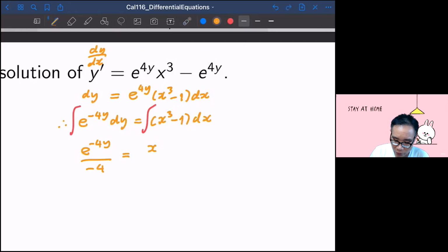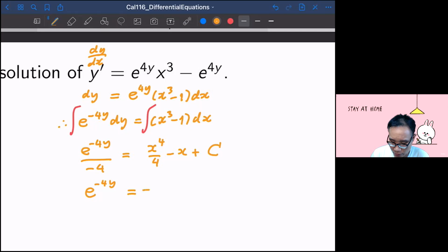So it's going to be x to the 4th over 4 minus x. And don't forget to add plus c, okay? So this one will be just plus 4y plus c. And then you see that you get e to the negative 4y equal to, you can multiply the whole thing by 4.